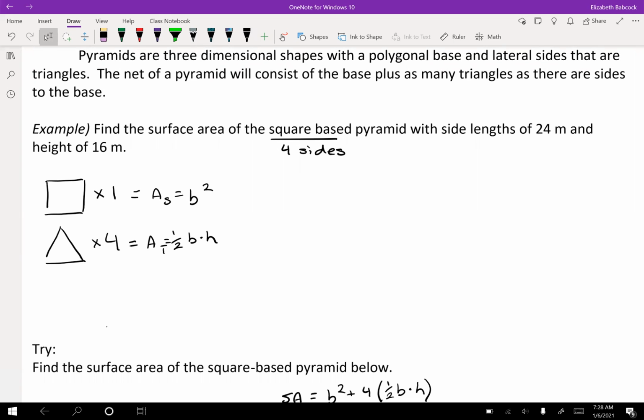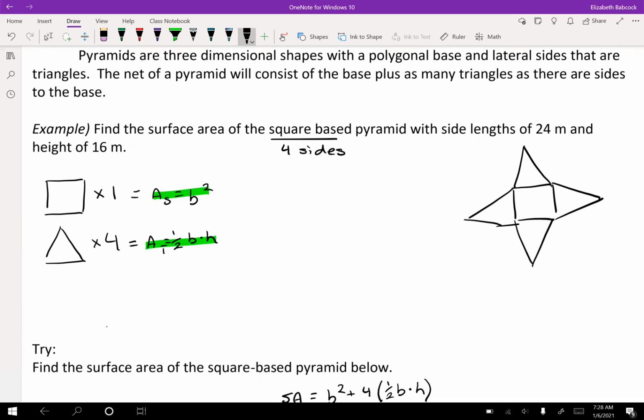If we wanted to draw the net, it would be a square, and off of each side would be a triangle. Okay, so we have 4 sides on a square, so we have 4 triangles. So I have written down the formulas that we need to be able to do that.